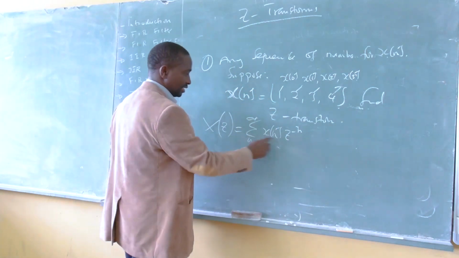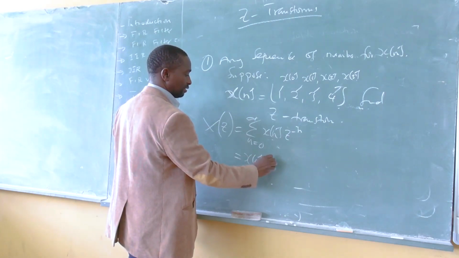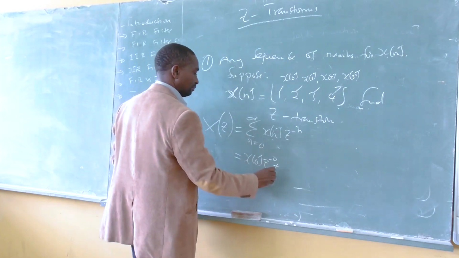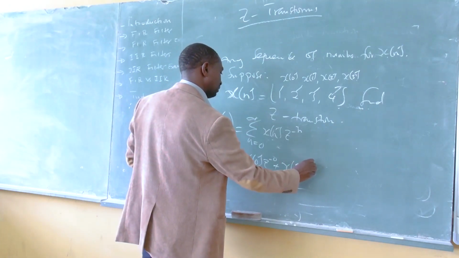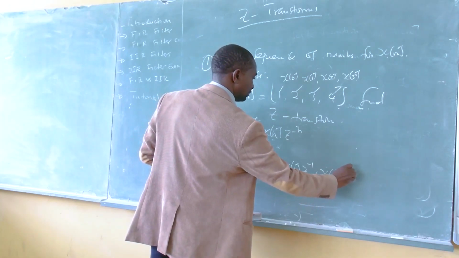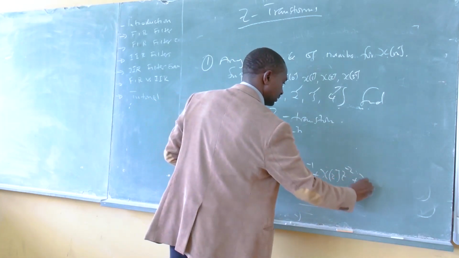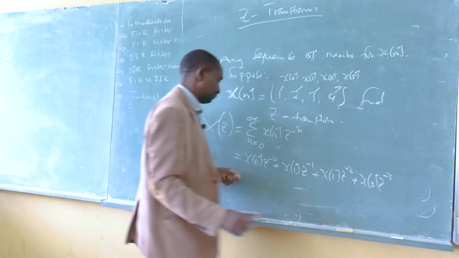So noting that and expanding here, we are going to have x of 0, z to the power minus 0, plus x of 1, z to the power minus 1, plus x of 2, z to the power minus 2, plus x of 3, z to the power minus 3.